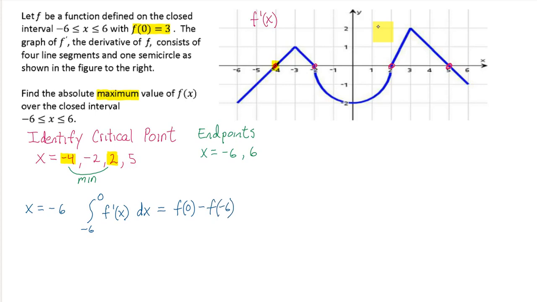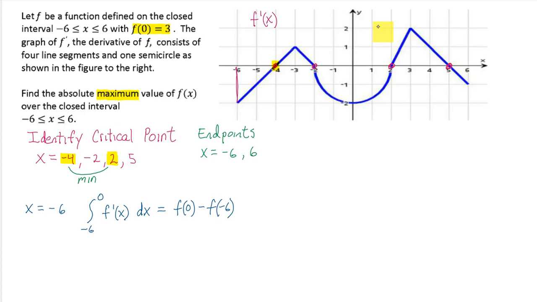I can't find an antiderivative for f prime of x, but I can find the area under the curve from -6 to 0, because these are all straight line segments and a half circle on this graph. So I'm going to section off my graph and find each of the areas between the graph and the x-axis.